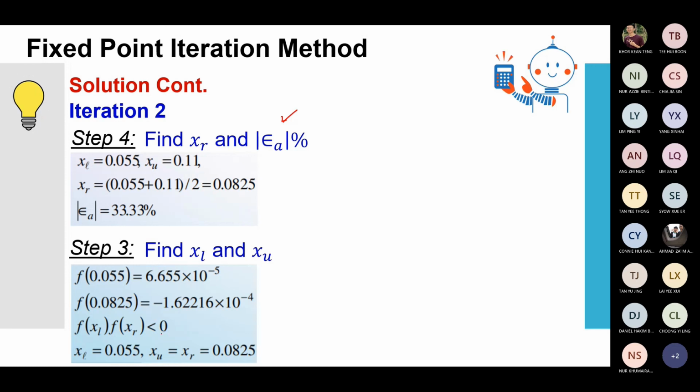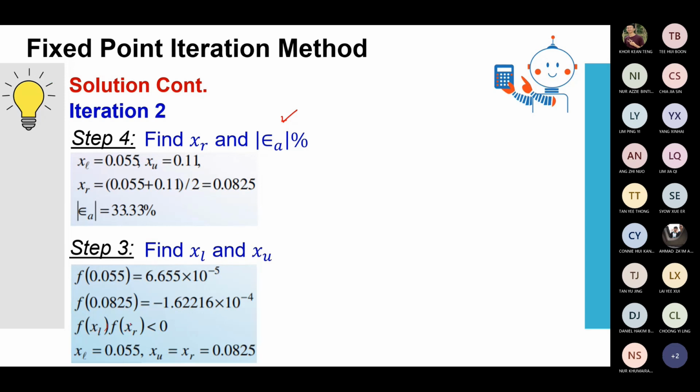That means the validity of the bracket is good. It works. Remember what I told you just now: since it's less than 0, you keep the lower value, and then you update the upper value.